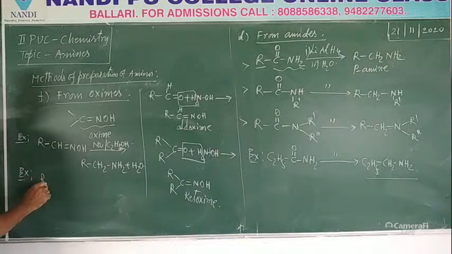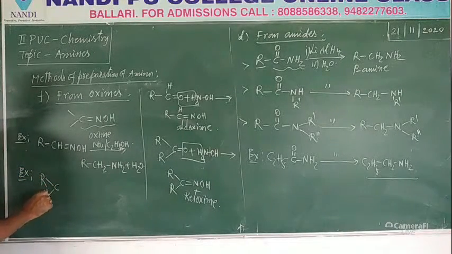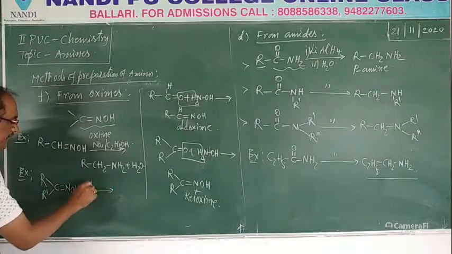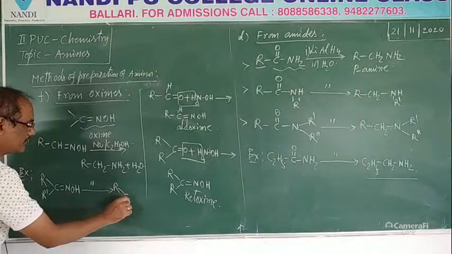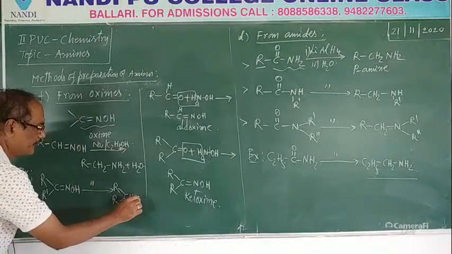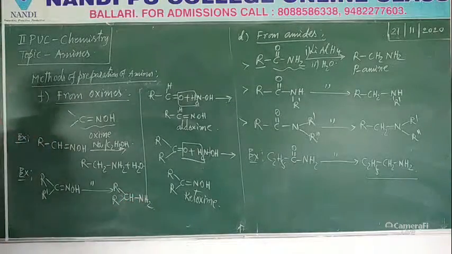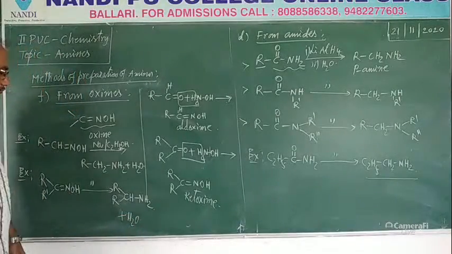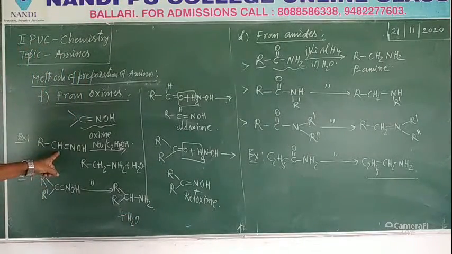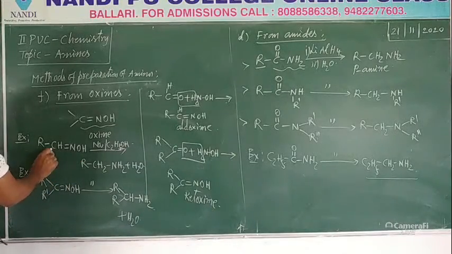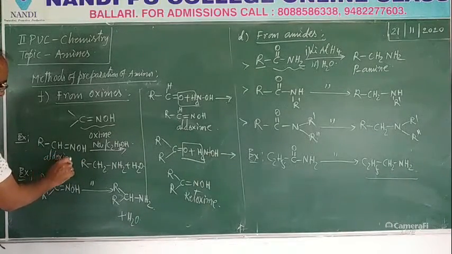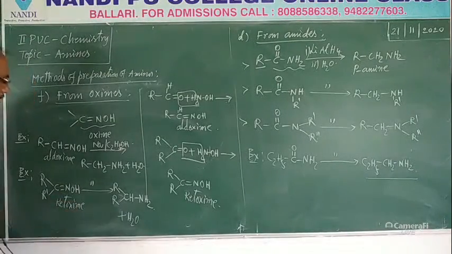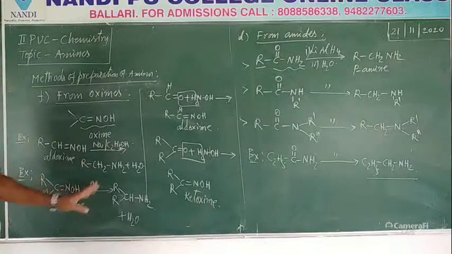If I take ketoxime, C double bond NOH, with the same reagent we will get R CH R NH2 plus H2O. Right, children, this is aldoxime and this is ketoxime. Aldoximes or ketoximes both can give amines.